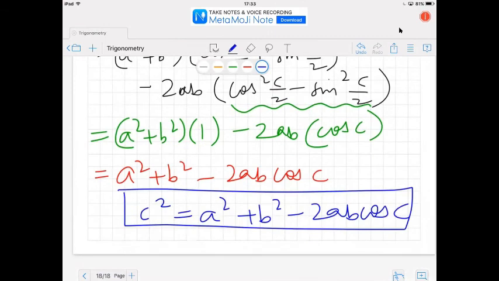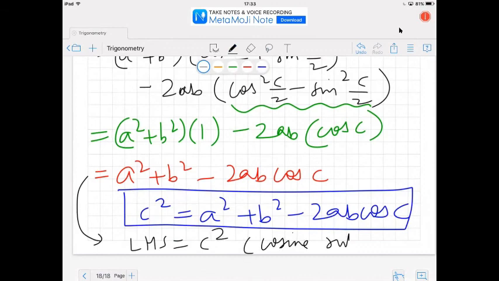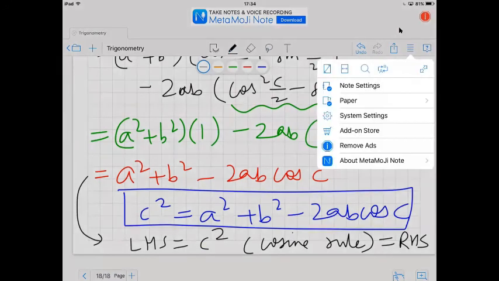So what does the entire expression become? ये जो पूरा expression है यहाँ पे, जो left hand side है, LHS, this is equal to c square according to the cosine rule. So this is what you had to prove. यही तो है RHS जो prove करना था. So you have proved that LHS is equal to RHS.